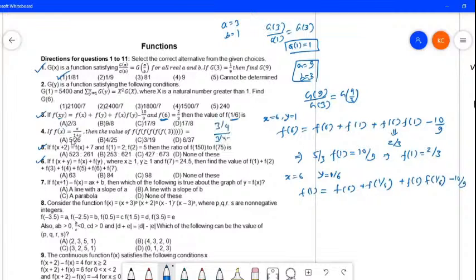So this will become 3 by 7. So understand the pattern. First time it was 3 by 1. Next time it became 3 by 4. Next time it became 3 by 7.